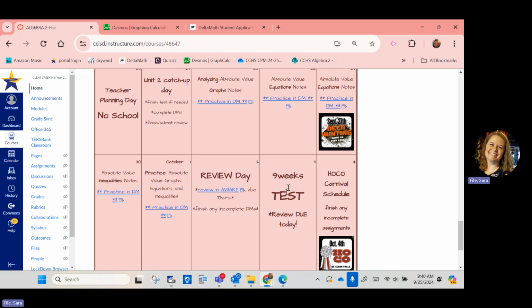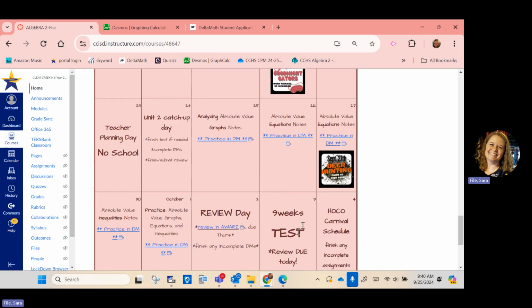So it'll be more unit 3 heavy than the unit 1 and 2, but there will be unit 1 and 2 content on here as well, spiraled back in. So that is our 9-week test that will cover majority unit 3, but still some unit 1, 2 mixed in there. And that is a week from tomorrow. So just keep that in mind.